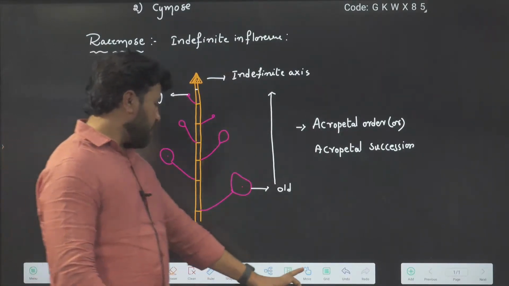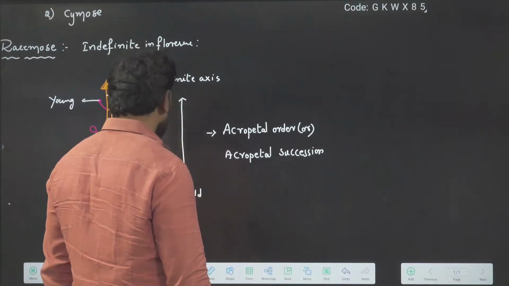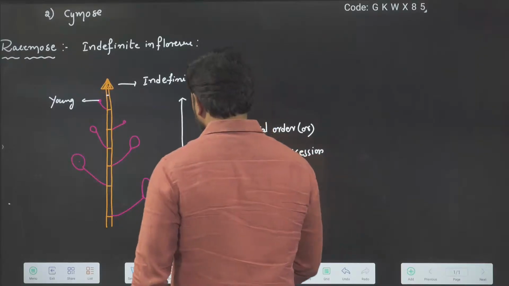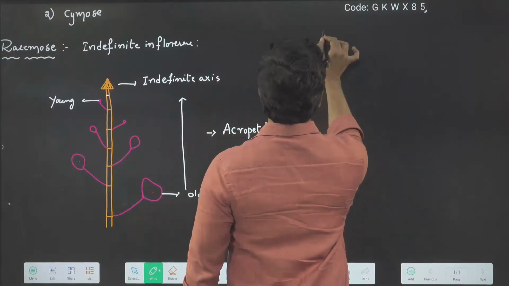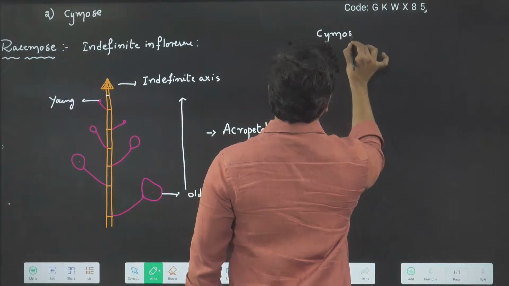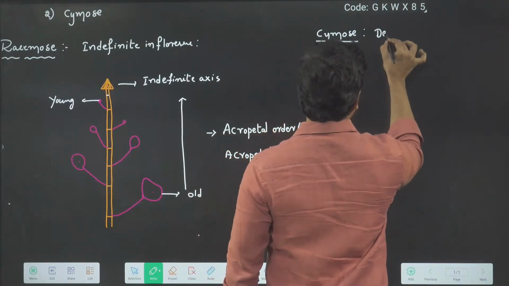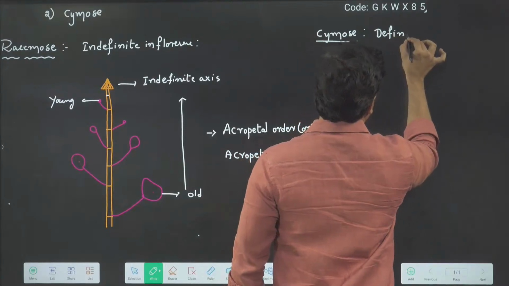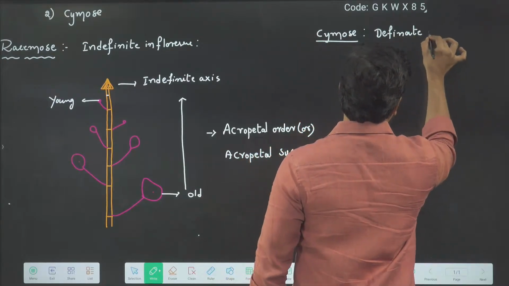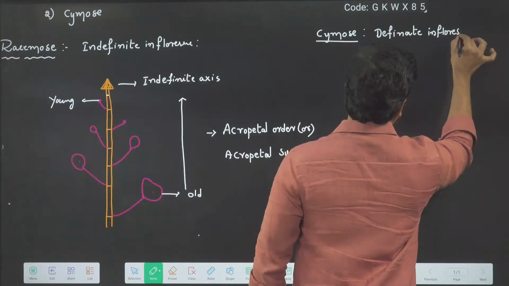Let me take another kind of inflorescence that is called cymose. Then we will have clarity on what exactly we are talking about with respect to inflorescence. Cymose inflorescence is called definite inflorescence. Why is it called definite inflorescence?